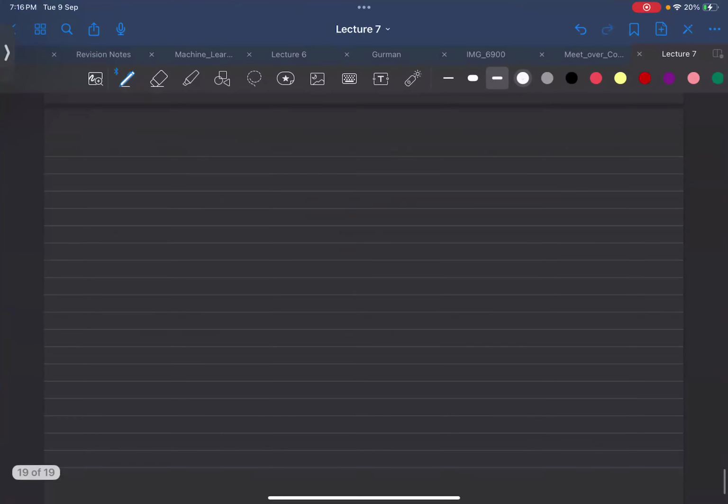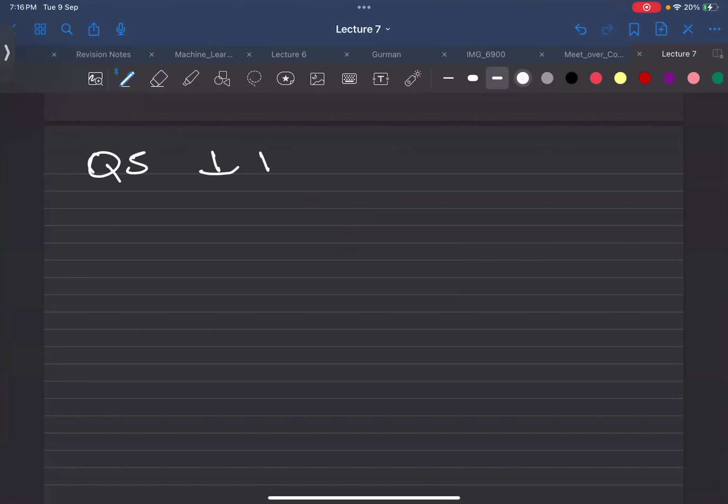I'll write here only. Okay, which vector is normal, that is perpendicular, to the hyperplane? x, beta naught, or y? Maybe I'll write the equation also next time. What about others? Exactly, Sneh. You are correct.